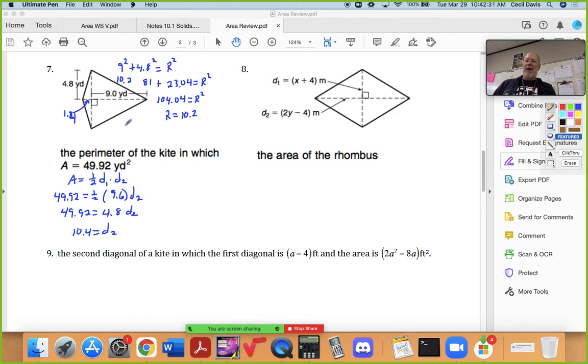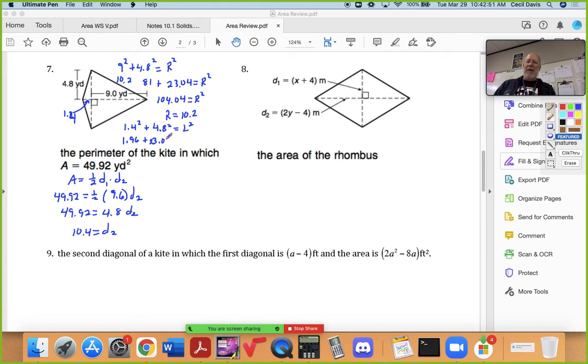Okay, and then over here, we'll have 1.4 squared plus 4.8 squared is equal to, I'll call it L squared. 1.4 squared is 1.96 plus 4.8 squared, we already had that, was 23.04.